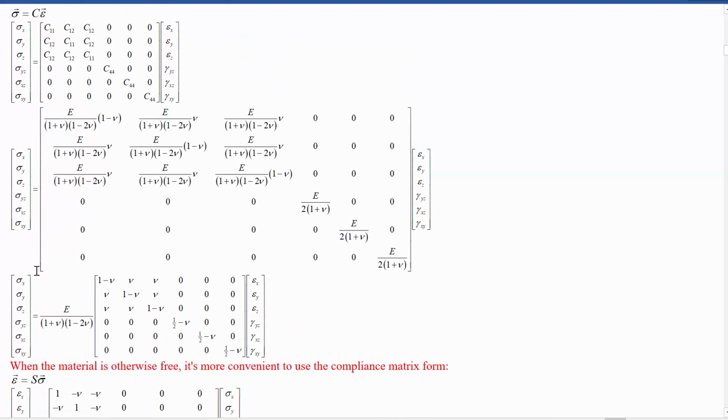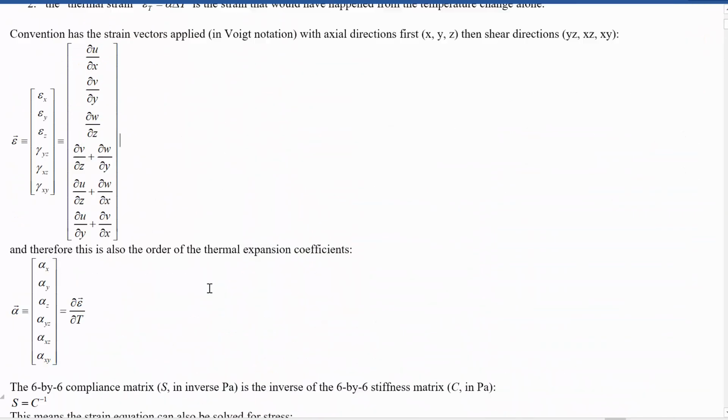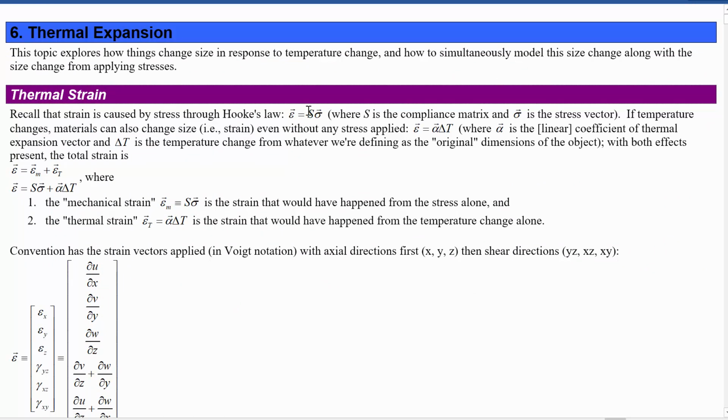Then the relationship between stress and strain is through the stiffness matrix here, if you want to say stress is equal to something times strain, or through the compliance matrix S, if you wanted to find the strain directly from a stress. So stress causes strain through multiplication by the compliance matrix.